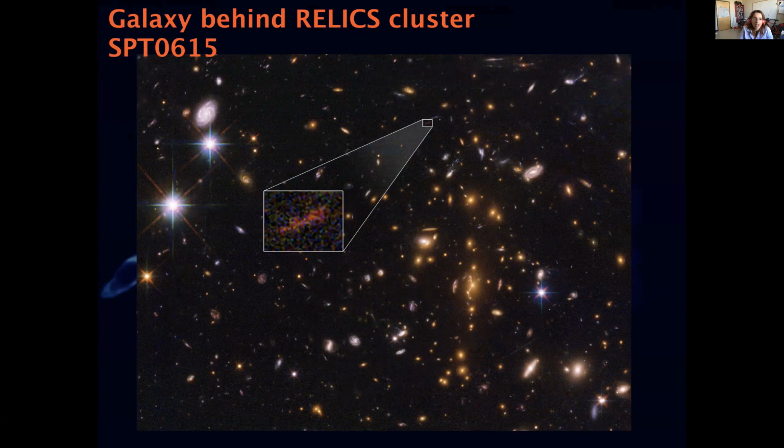So this is a galaxy behind a RELICS cluster. We don't just have the Hubble Frontier Fields, we also now have the RELICS survey where we look at those galaxy clusters. And in the middle, you see this very red galaxy. We are seeing that galaxy as it was when the universe was only 500 million years old, meaning that was 13.3 billion years ago.